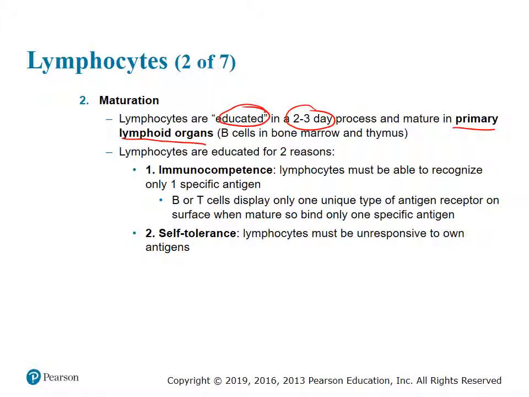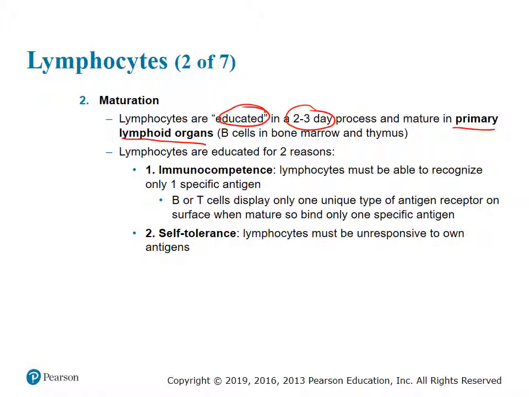We know that to be the red bone marrow and the thymus. You recall that from blood, or the cardiovascular system. The primary lymphoid organs are the red bone marrow and the thymus, both of which mature B cells and T cells.